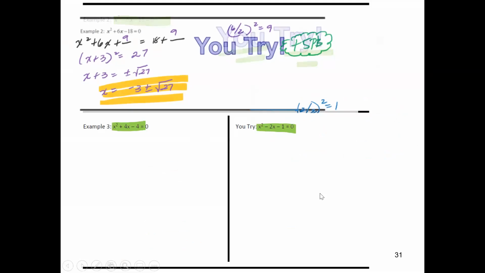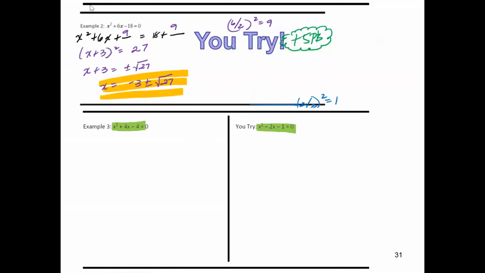Okay, let's take a look at your answer for example 2. I'm going to go ahead and go over example 3 with you guys. So let's take a look at example 3.